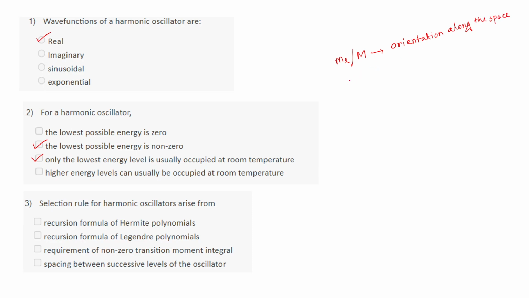Suppose this is P or L, that is your angular momentum. Let me write L only.